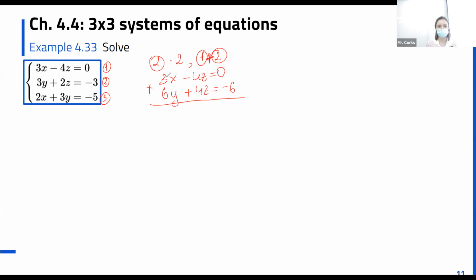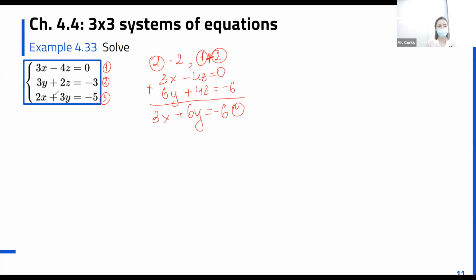So what do we have here? We have 3x plus 6y, and we don't have z anymore, but we have minus 6. It will be our fourth equation.